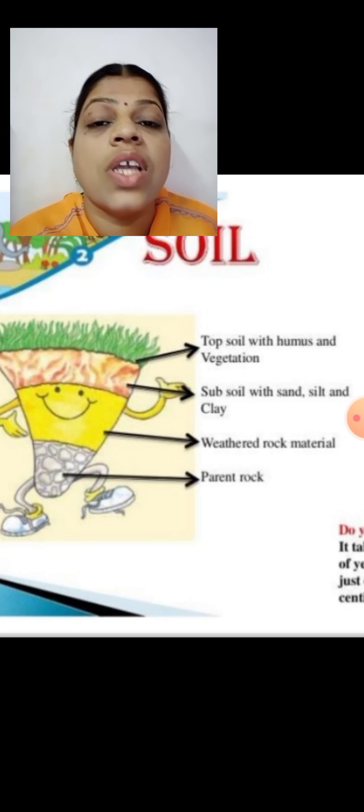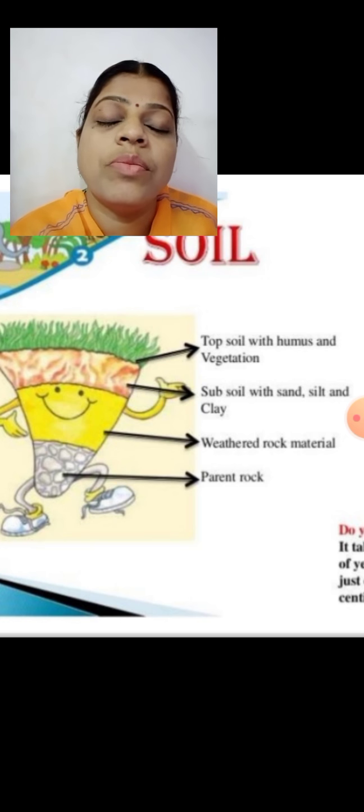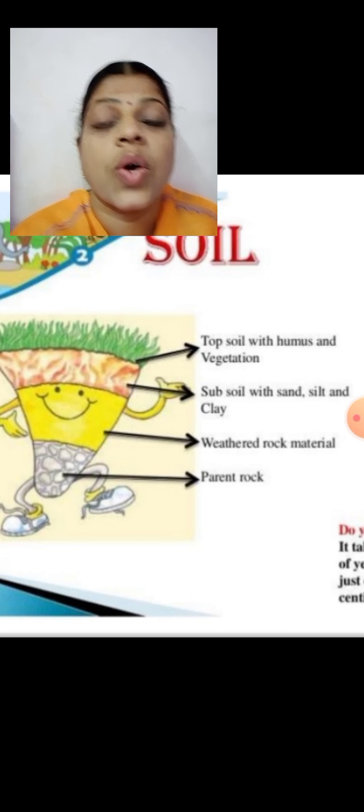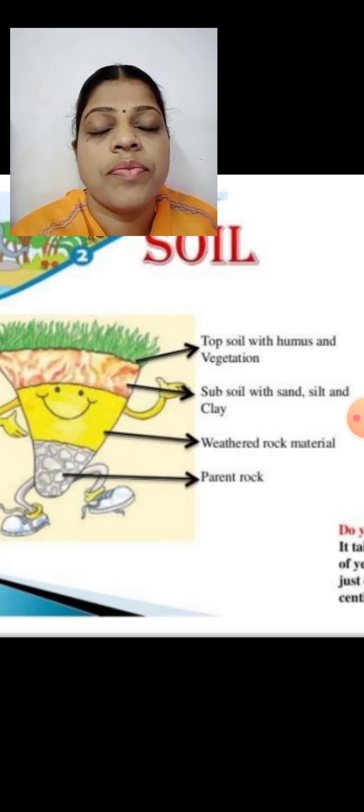The first one is the bottom layer. It is called parent rock. The second one is weathered rock material. You can see the different colors are used to differentiate the different layers of the soil.